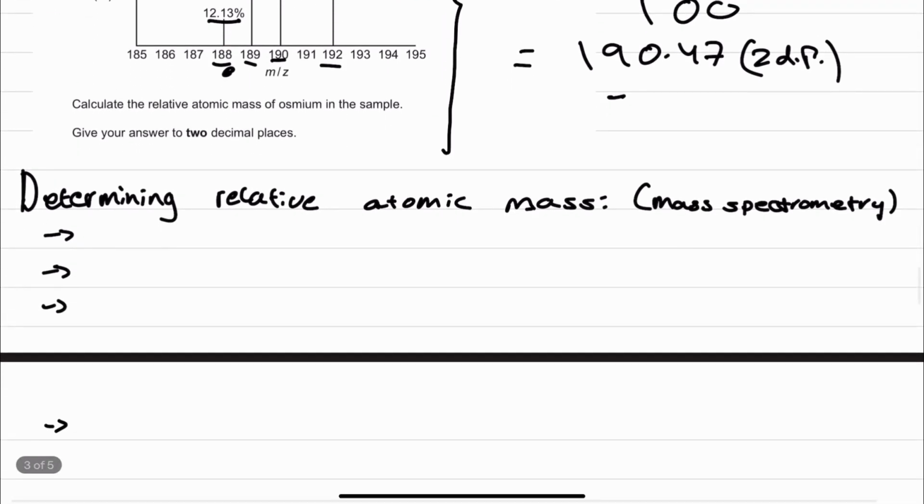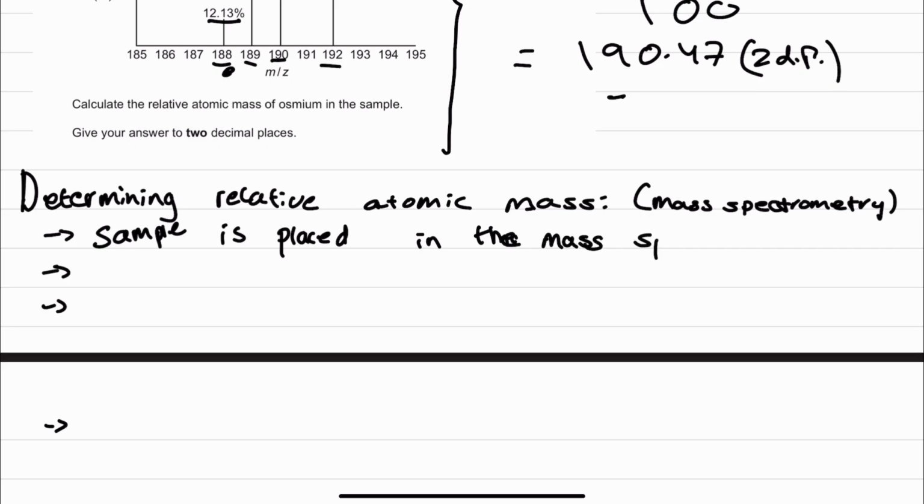Determining relative atomic mass using mass spectrometry, right? So this is what the question just said. Now, how does a mass spectrometer work? A mass spectrometer works in 4 bullet points, right? So the sample is first placed in the mass spectrometer.